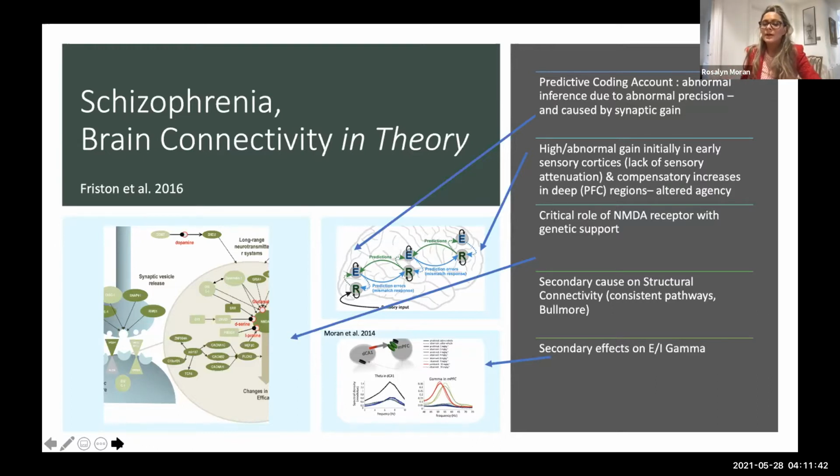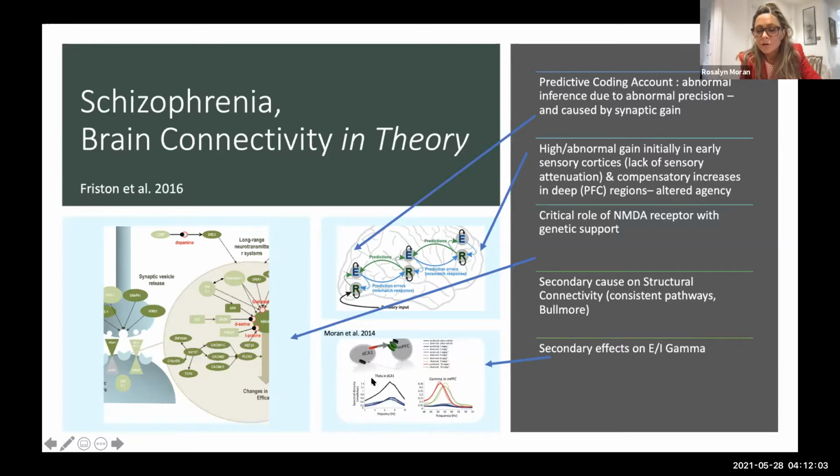And also that you get this sort of idea of EI balance in schizophrenia, again, as a more secondary effect that might be showing some of the NMDA effects, particularly at GABAergic interneurons.